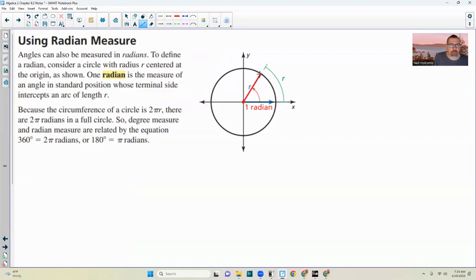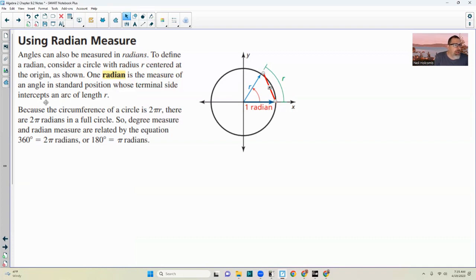If I took this radius distance like so, and then moved it over to here, and then turned it like so, but bent it so that it formed an arc, then this arc length would equal this. So just picture that getting bent around. And so 1 radian is 1 radius distance of the circumference, if you will.